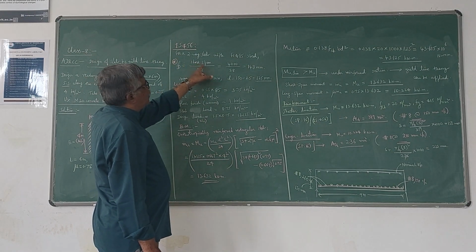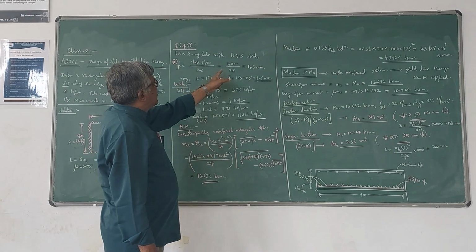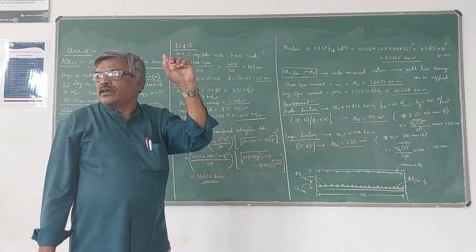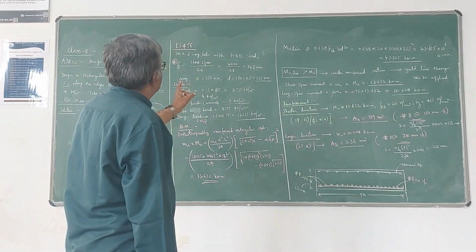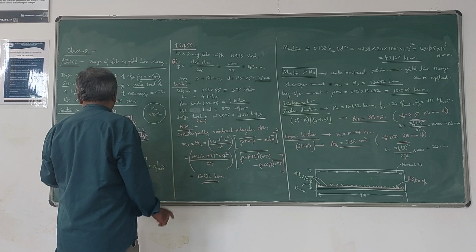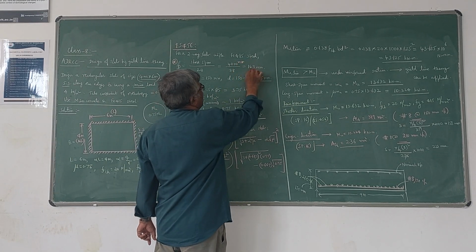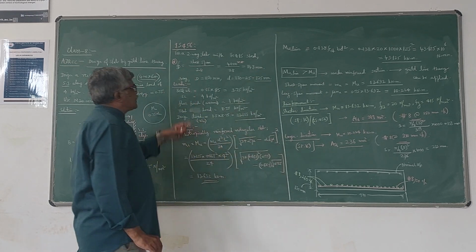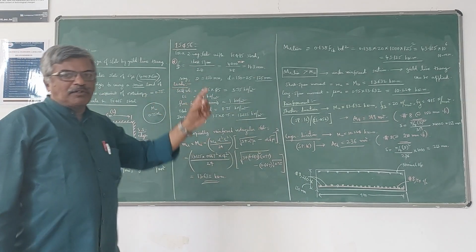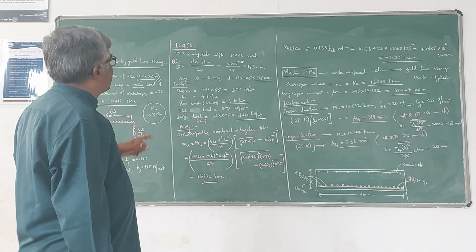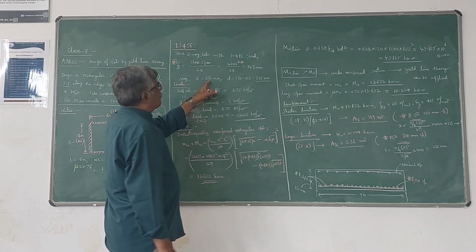According to that, we say short span divided by 28. Short span is 4000 mm, of course, since 4 meter is 4000 mm, divided by 28. So you get 143 mm. Let us round it off and increase it to 150 mm.